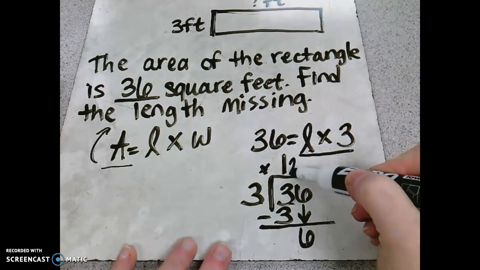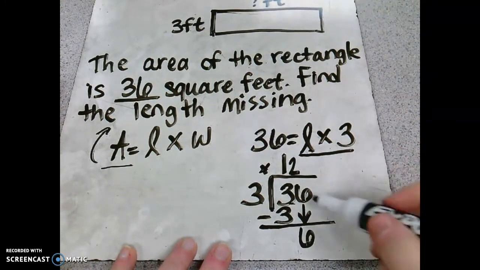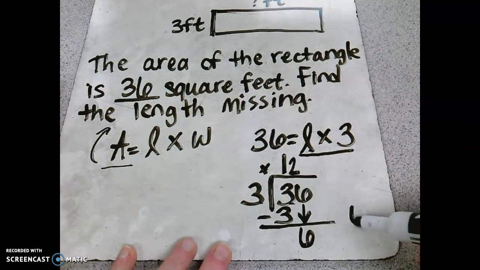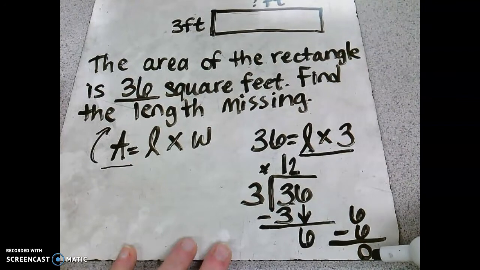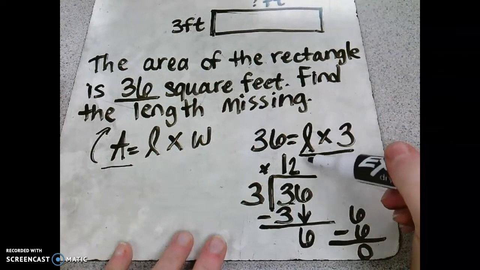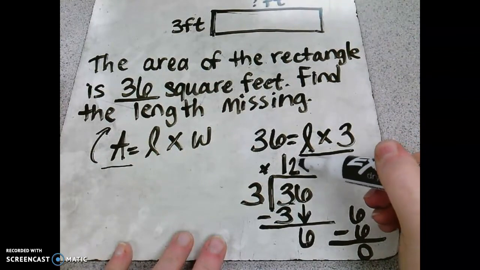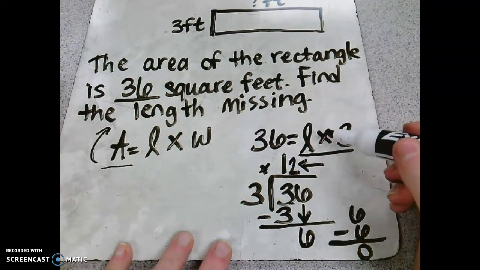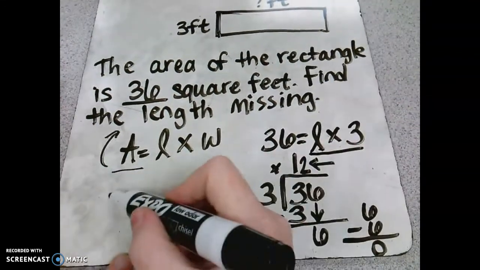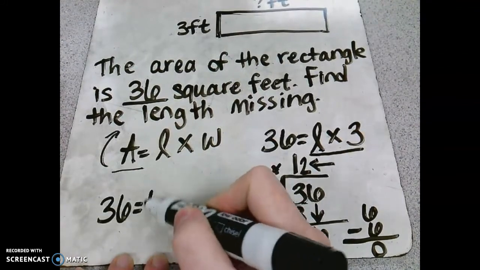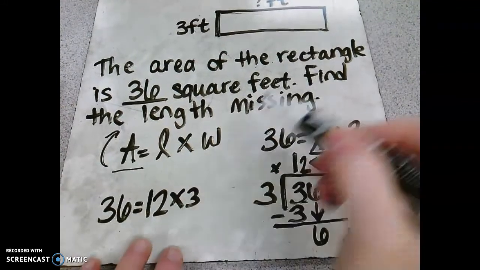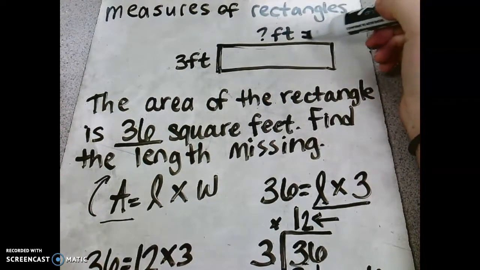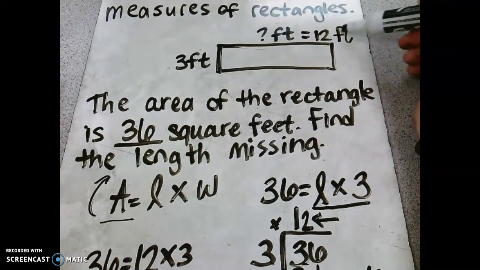Yes, 3 times 2. So if I have 3 times 2, I'm going to put 6 minus 6, and I'm going to get a 0. And since we got a 0, we can stop. Okay, so the length for this missing rectangle, the number for the length is 12. So 36 equals 12 times 3. So this question mark up here would equal 12 feet.